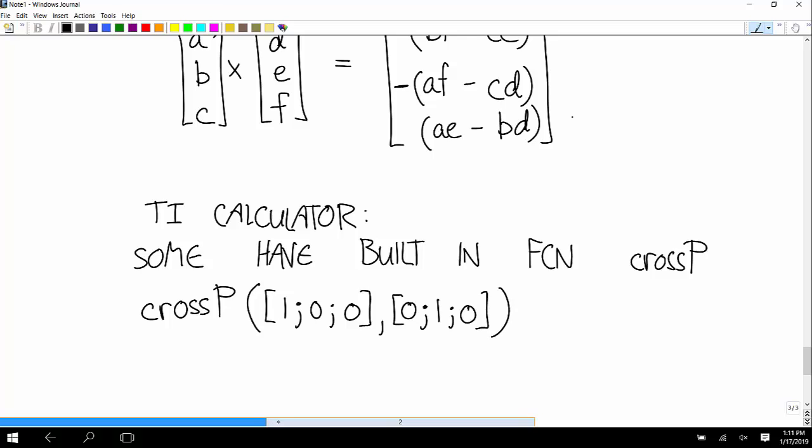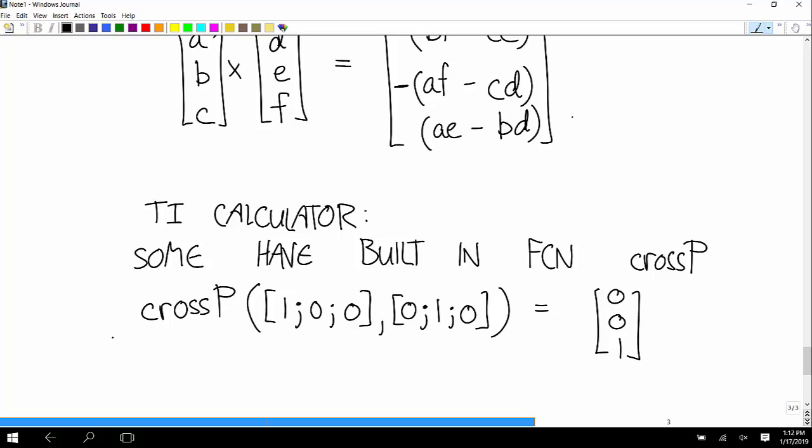Anyone know what the cross product of the x-axis with the y-axis is? Z-axis, yep. So it'll give you the vector 0 0 1. If your calculator doesn't have this built-in function, of all the programs you could enter in your calculator, this is the one you definitely want to enter.